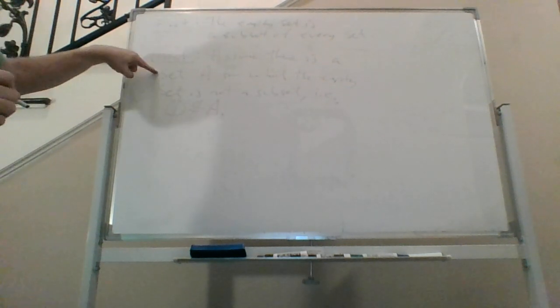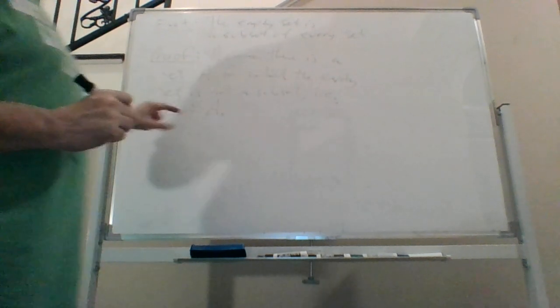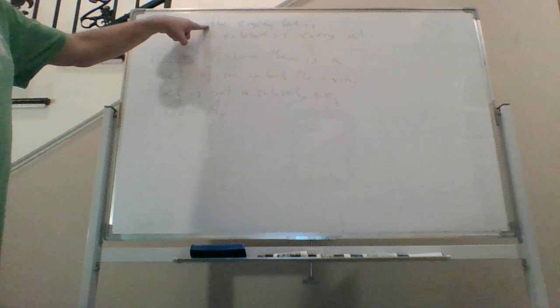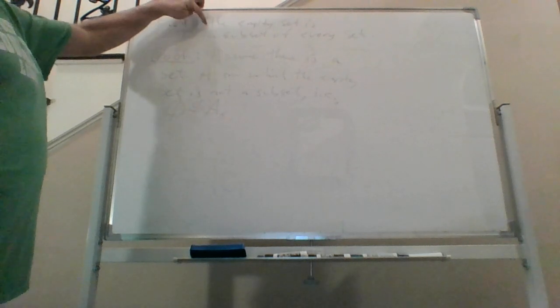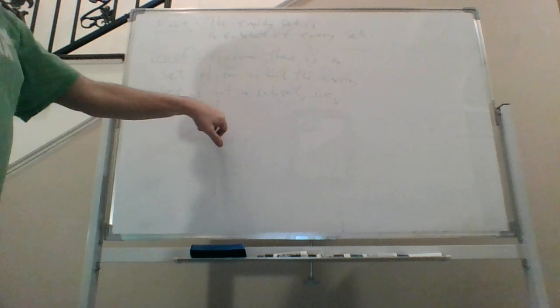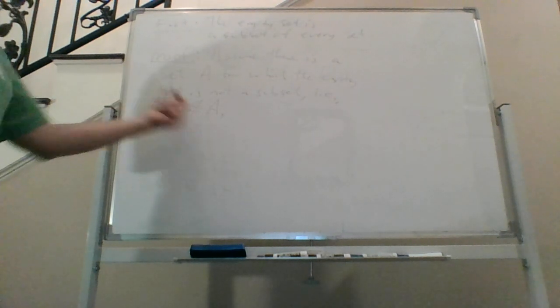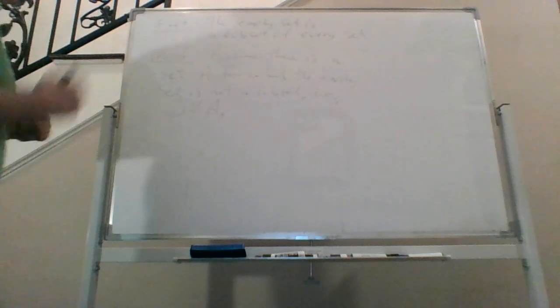So assume there is a set big A for which the empty set is not a subset. In other words, the empty set is not a subset of A. So it's the negation of this. If the empty set were not a subset of every set, there would be a set where the empty set's not a subset of A. Now we talked about this before when we were doing subset and not a subset. What would it mean for the empty set to not be a subset of A?